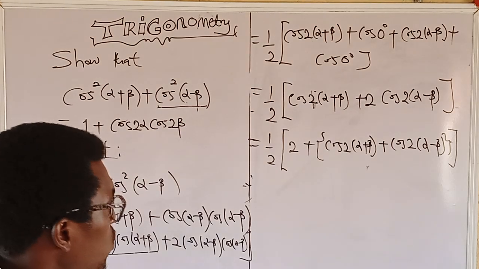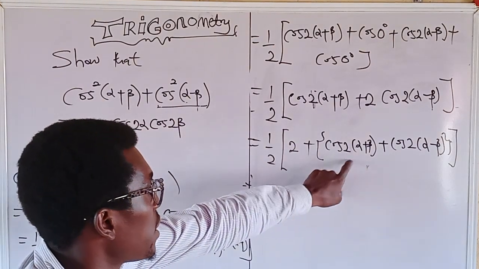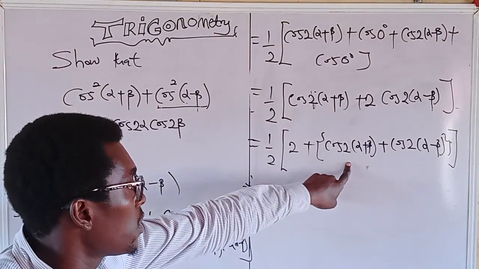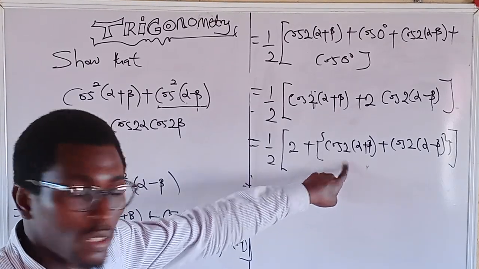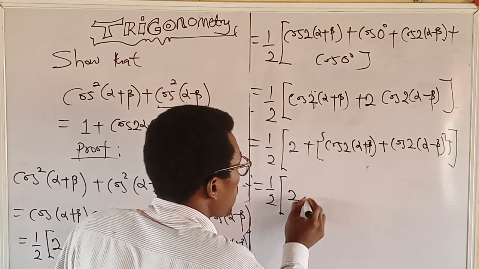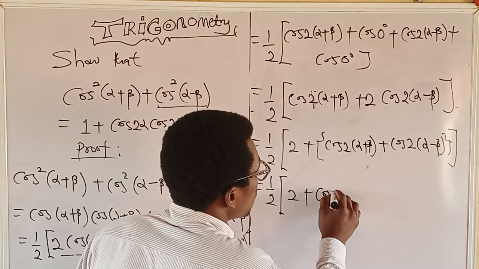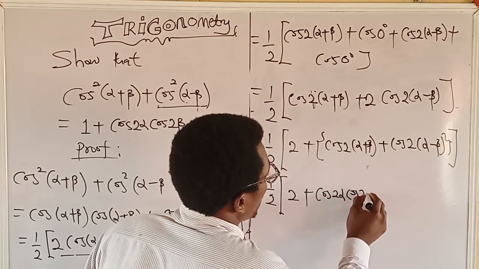The other way to go about it, what I will do here, I will expand rather. Let me expand this by using the cosine of sum of two angles. So if I do that here, I will have half multiplied by 2 plus, now if I expand this, I will have cos 2 alpha, cos 2 beta.